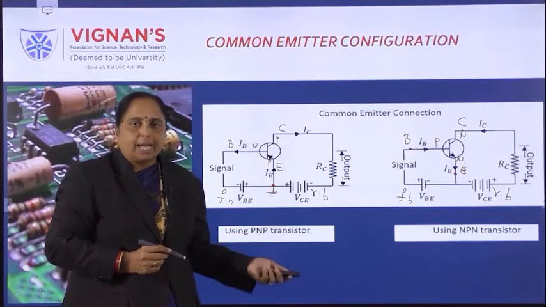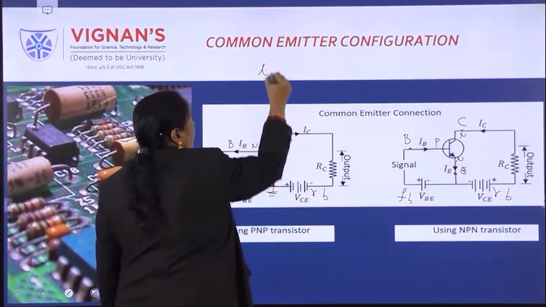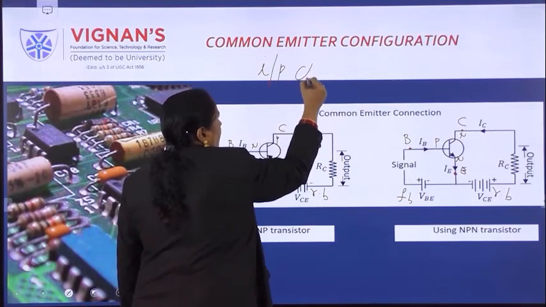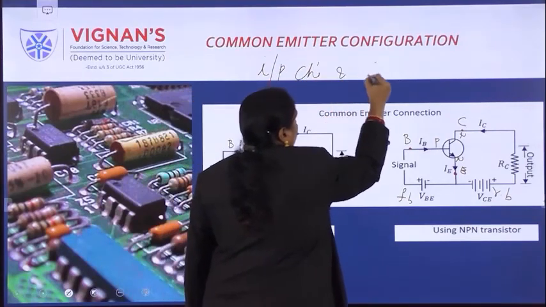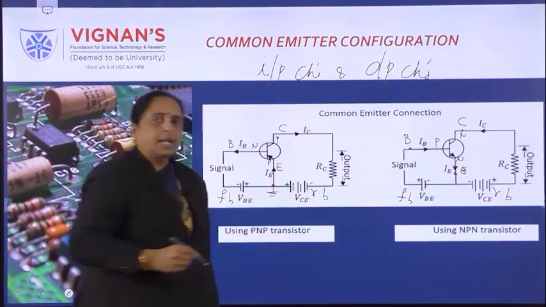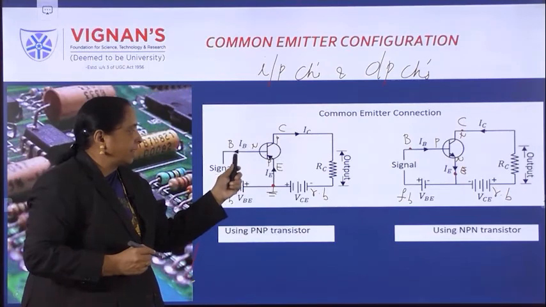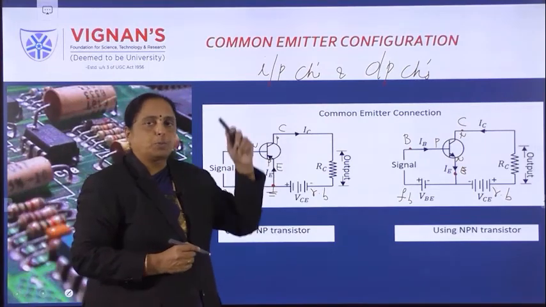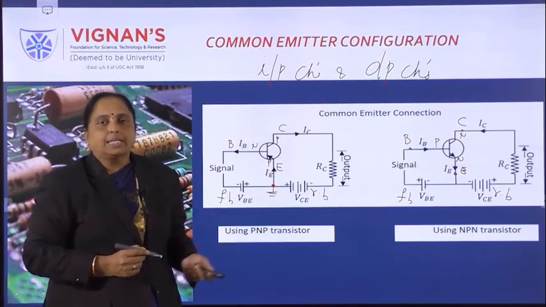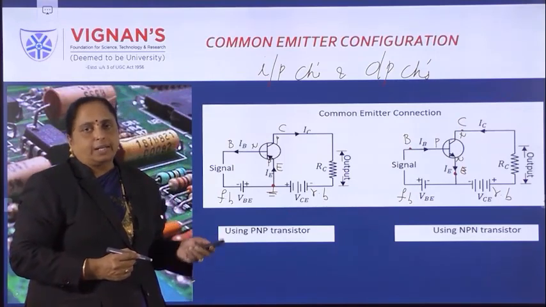What is meant by characteristics? There are two types of characteristics of CE. One is input characteristics and another one is output characteristics. Input characteristics means to draw the graphs by taking voltage and current on the x-axis, keeping output voltage constant. Now, let us see the experimental setup of a common emitter configuration.